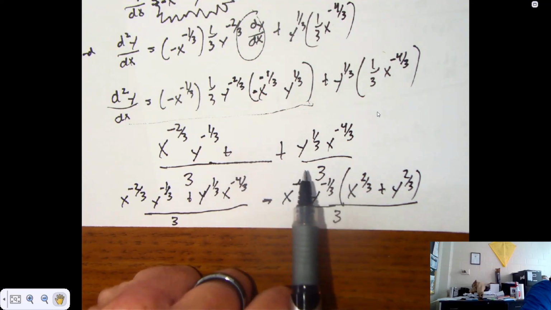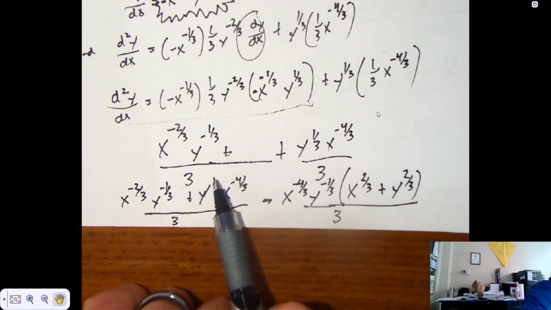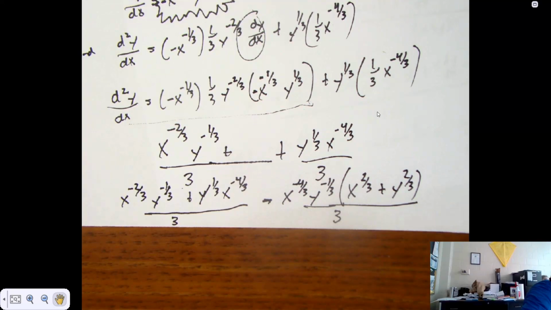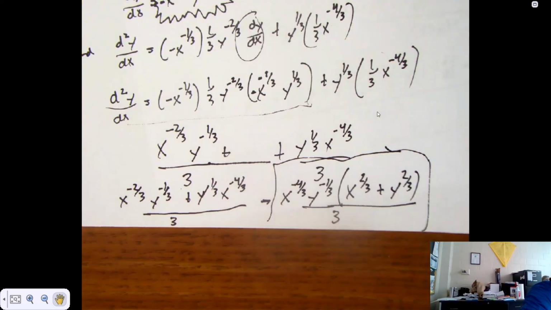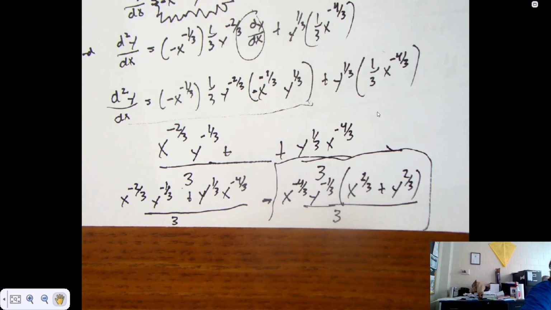I factored out the negative 1/3 power, and that's kind of like division. 1/3 minus negative 1/3 is 2/3. I don't know that anybody actually does that, but yeah, you can. That's a good last step. That's a better last step. I really want to stop there.